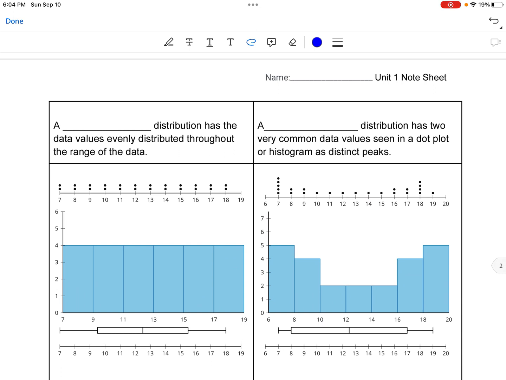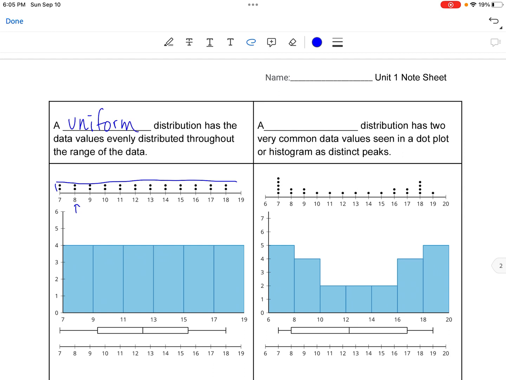In this one here, all the data is evenly spread out. Every data point has the same number of values. So this is uniform.